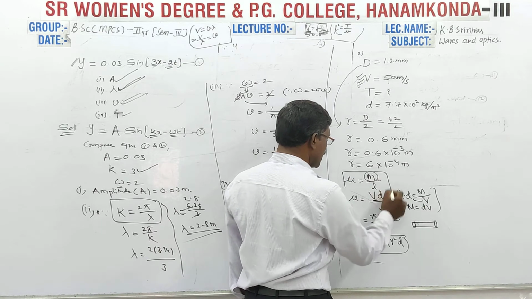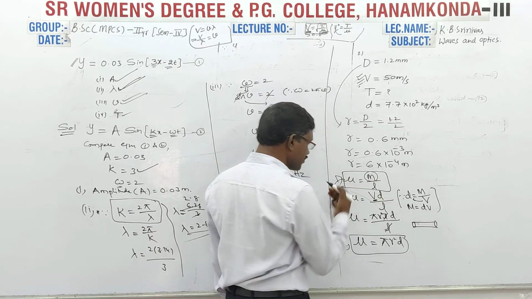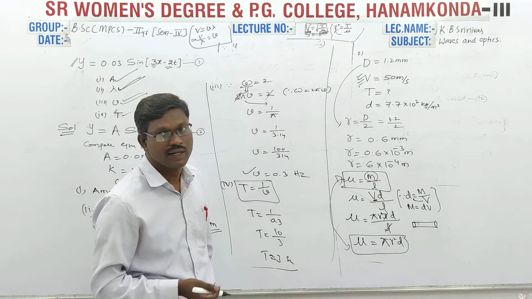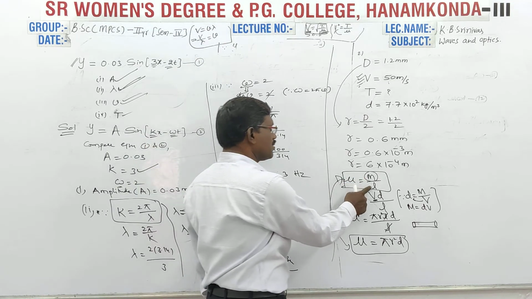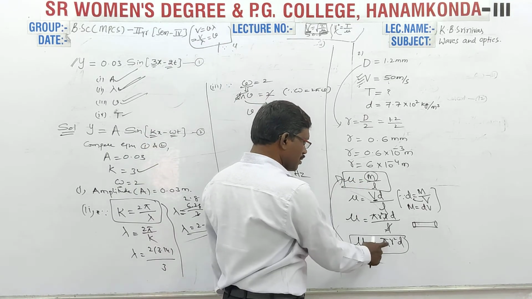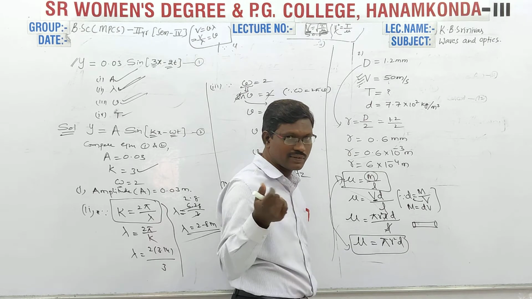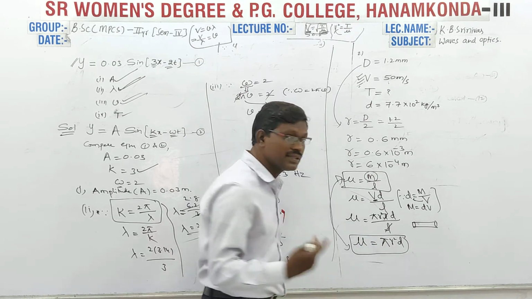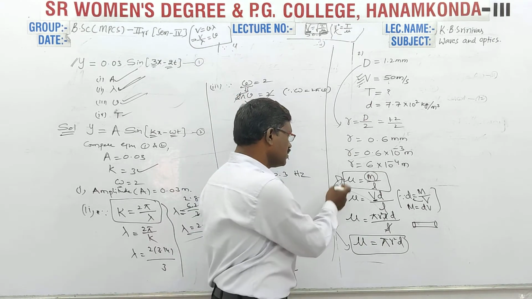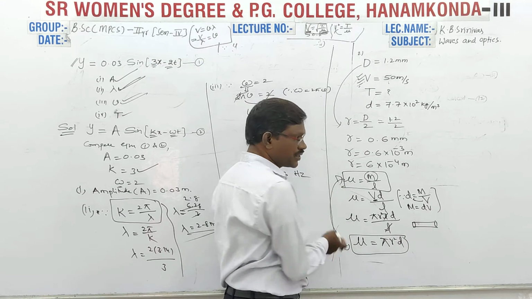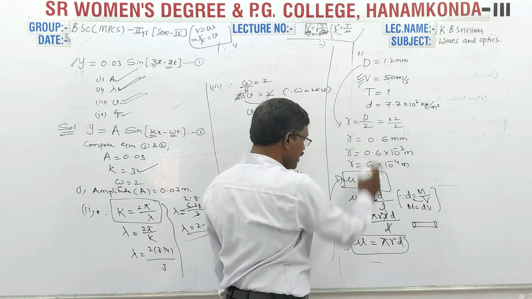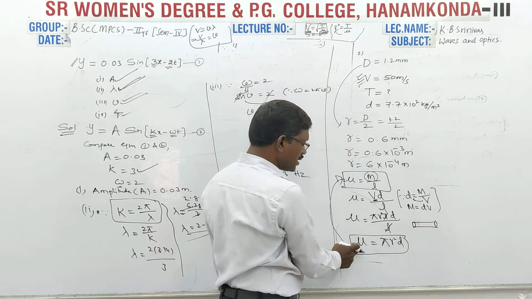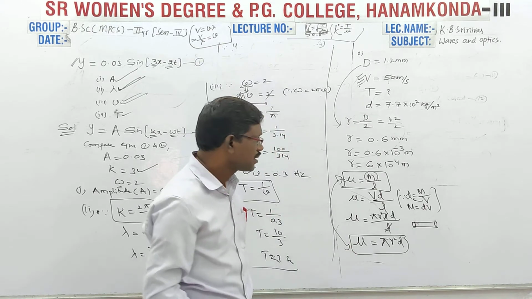So we are having two expressions for linear mass density. One is total mass by total length of the wire, or pi r square d, where r means radius of the wire, d is the density of the wire. You can use one of the expressions, but here they have given density. That is why I have calculated mu in terms of density.